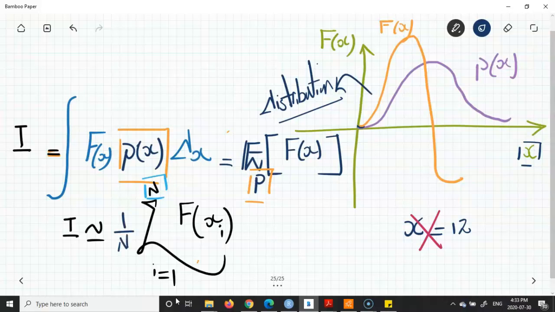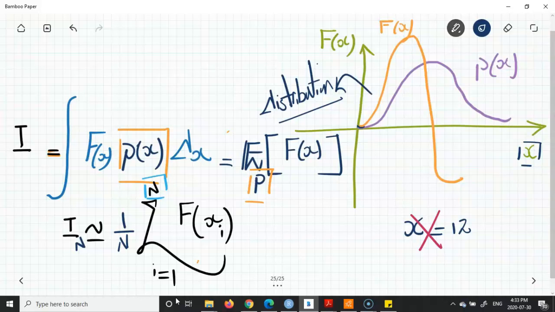The thing which you will see here reminds you of something we have talked about, which I call I_n, the average value of the function f of x at each point taken from the distribution, with our sample population going from 1 to n.